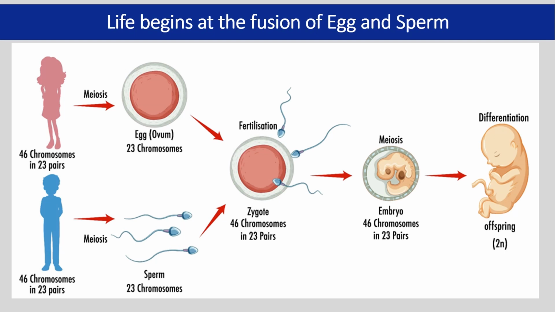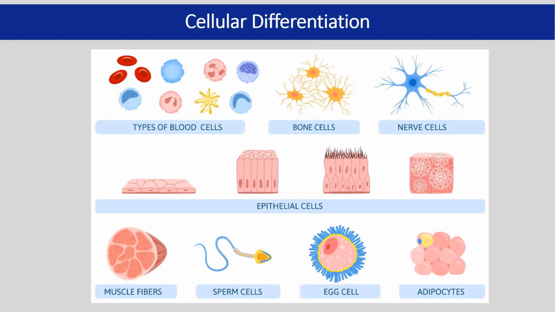Now the zygote undergoes a process of division and cell differentiation, and it gradually forms an embryo, and the embryo finally forms the human baby. Cellular differentiation occurs when the cell divides and forms different kinds of cells.